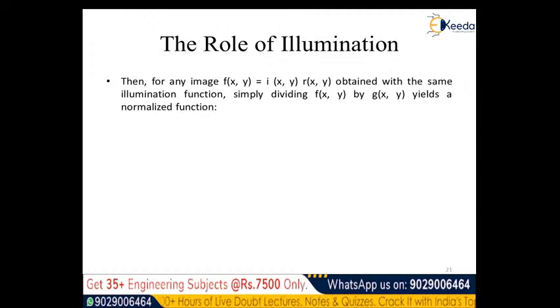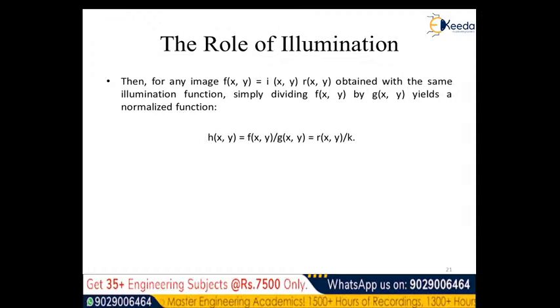It can be denoted by h of x comma y. So h of x comma y is equal to f of x comma y divided by g of x comma y, which is simply equal to r of x comma y divided by k, because I of x comma y is cancelled out from the numerator and the denominator.